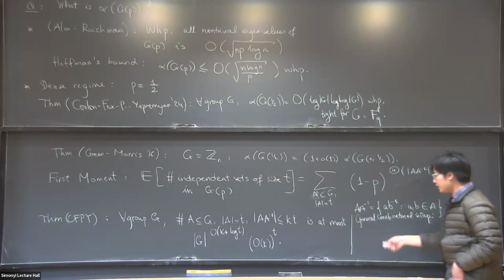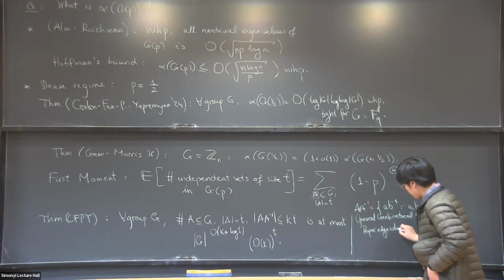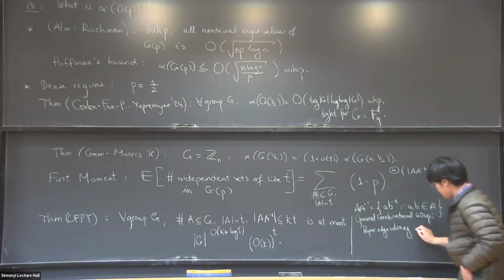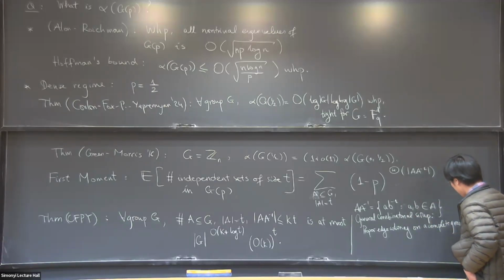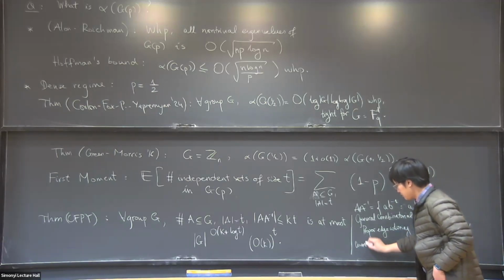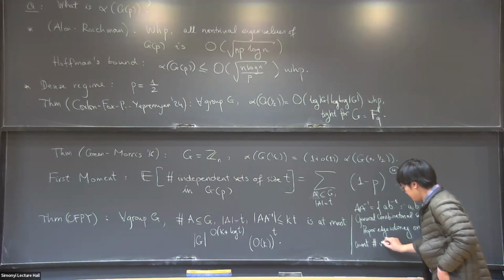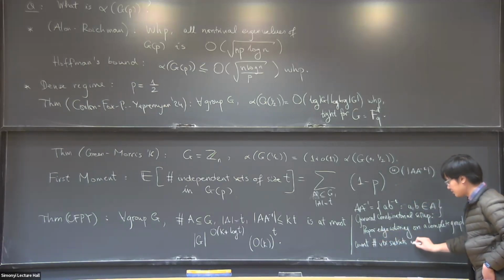Where we are only given some proper edge coloring on, let's say, a complete graph, and we want to count the number of vertex subsets inducing few colors in this edge coloring.